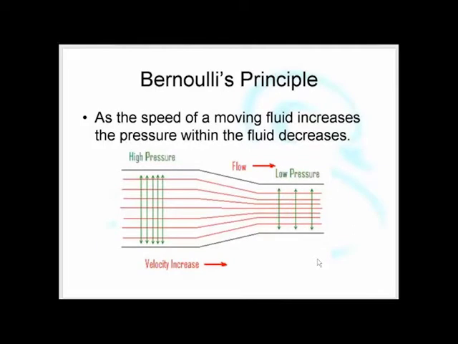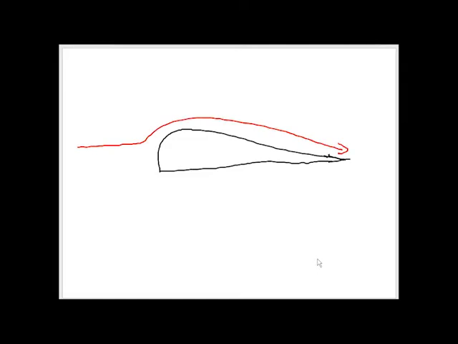Okay, the next type of flow meter we'll look at uses what's called Bernoulli's principle. Bernoulli's principle states that if you make a fluid flow faster, it exerts less pressure. It's used in all sorts of things. One place you probably see it used is in aircraft wings. With an aircraft wing, the air flows over the top and the air flows under the bottom.